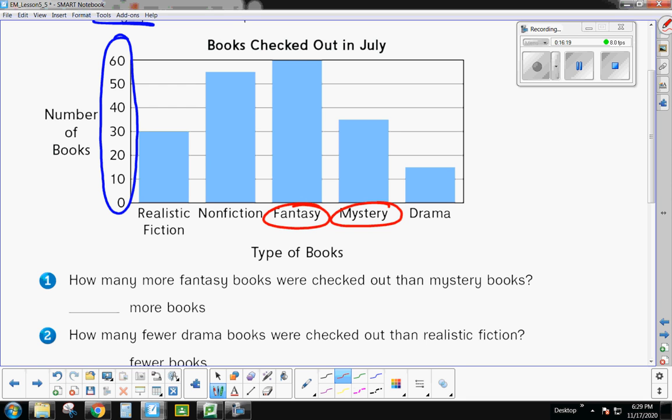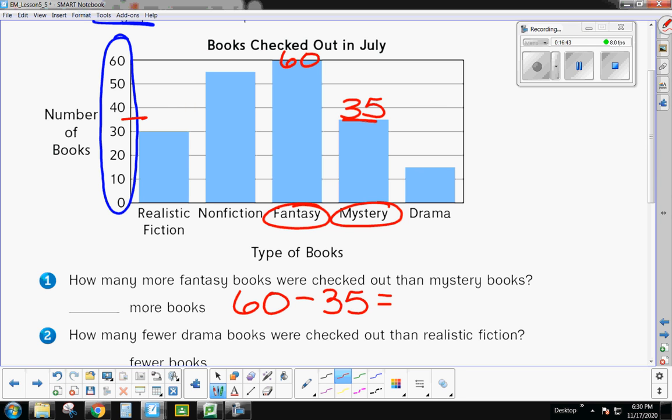So fantasy books, I have 60. I always like to write the number at the top there. It helps me out. And mystery books, it goes halfway in between that bar, so that's going to go to 35. And so boys and girls, I'm going to subtract 60 minus 35, and that is going to give me my answer of how many more fantasy books there are.